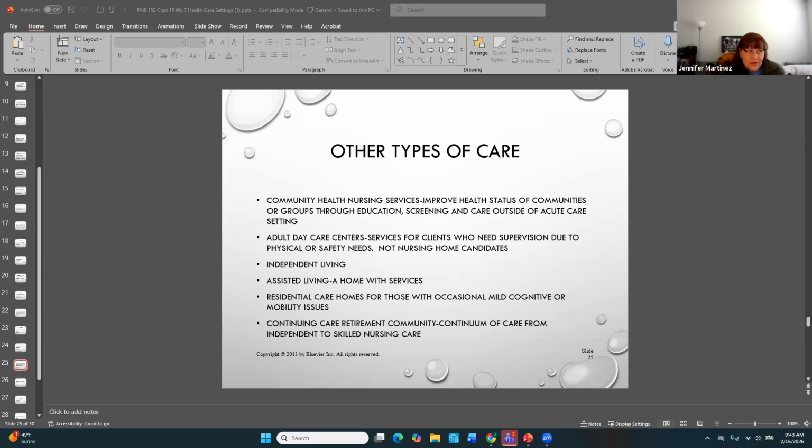Typically adult daycare centers offer transportation, meals, and activities. There's nursing there, and in some cases they may also get some rehabilitative services. They're actually really nice little centers.